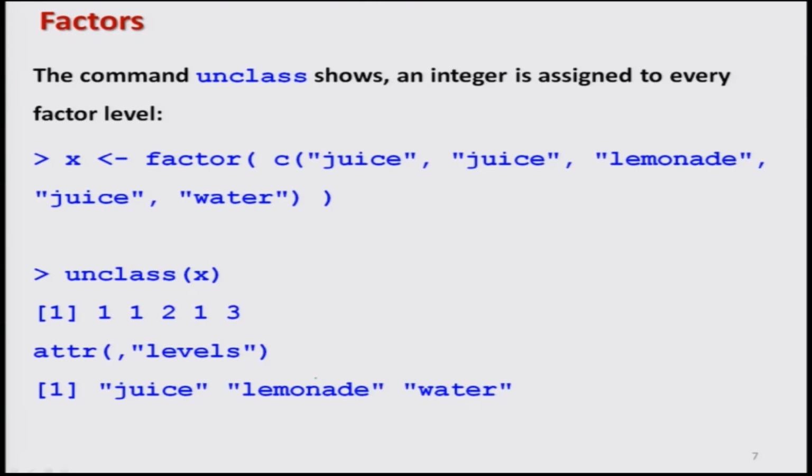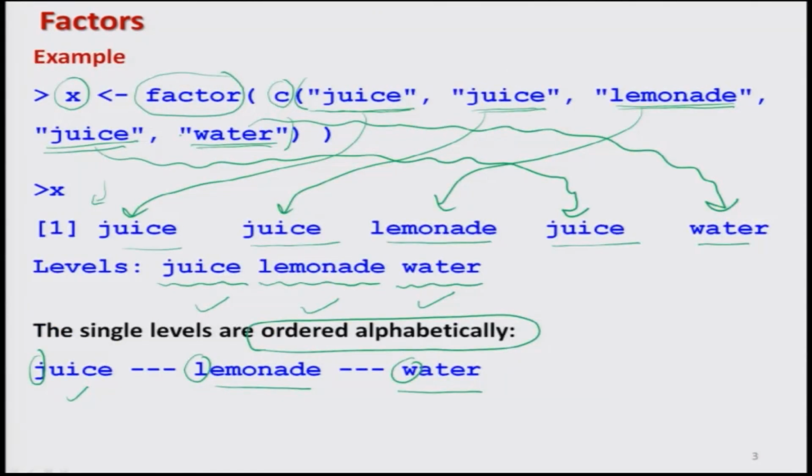So, now we have used this data set where I had these values juice, lemonade, juice and water, and we had factorized it. And how was the outcome? If you try to see here, I can show you in the earlier slide. This was here the outcome.